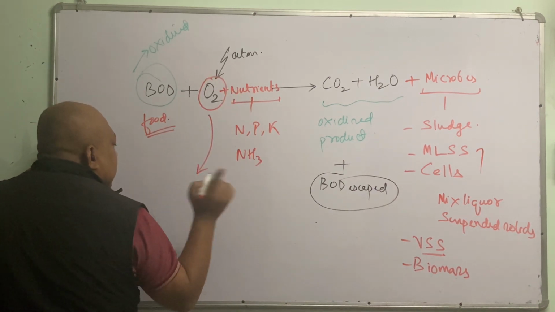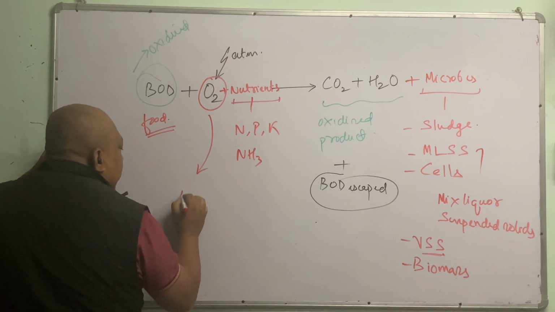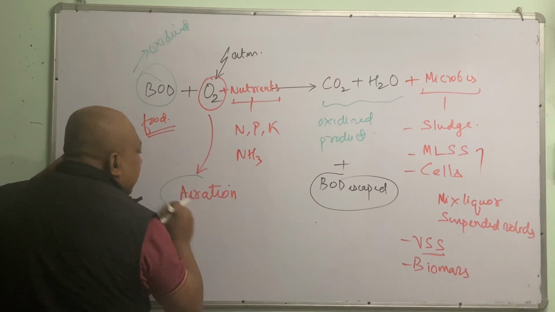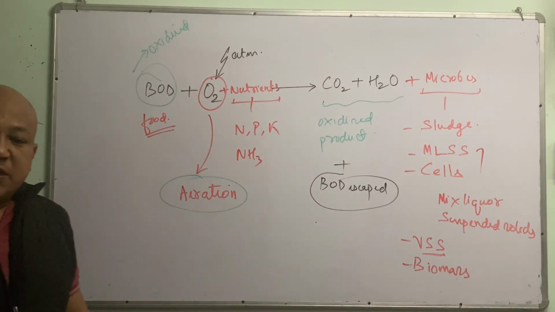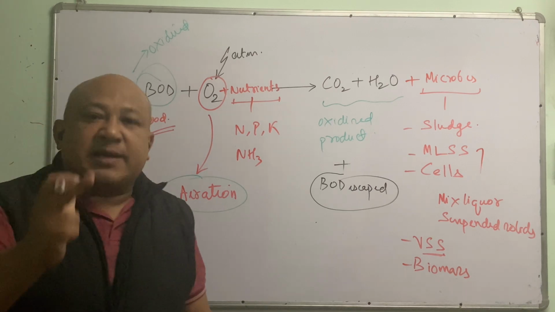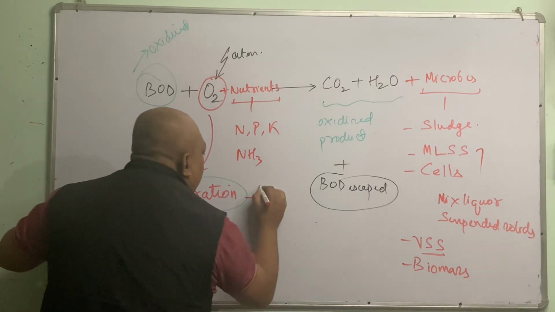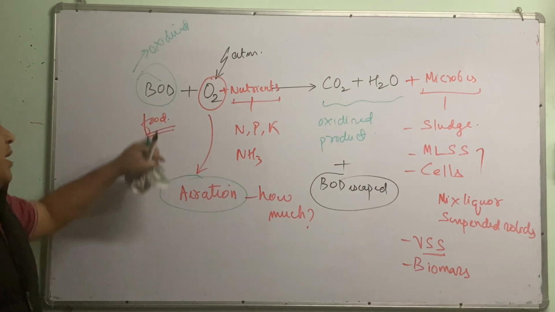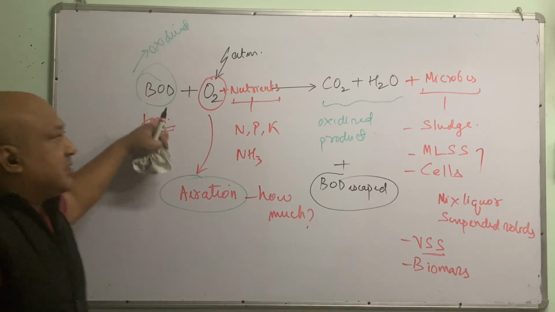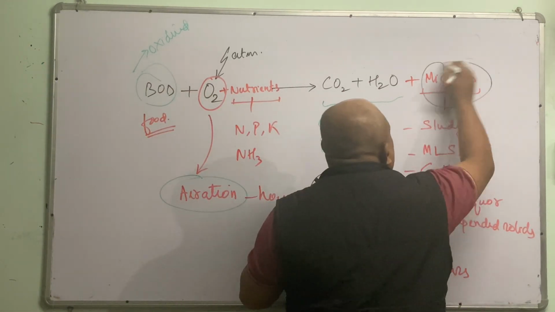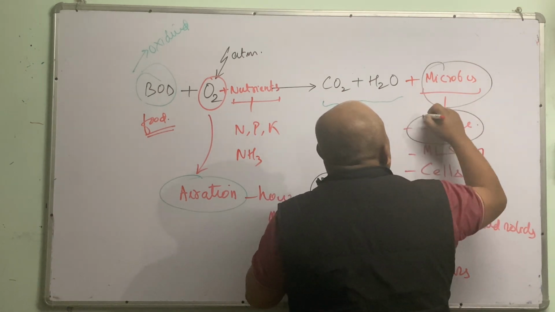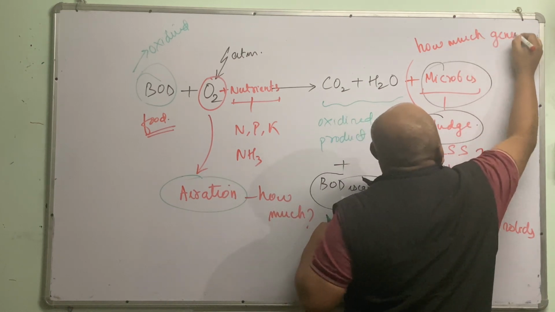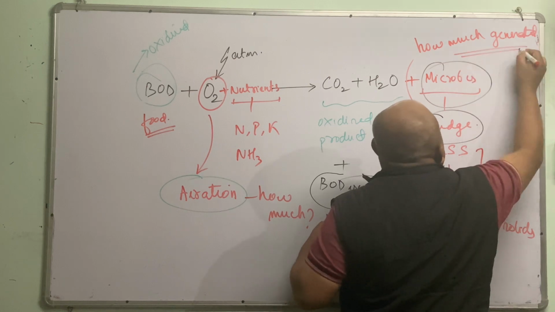This is because in our wastewater treatment plant, this is going to be provided by aeration. We are going to do aeration, and how much aeration is required, how much oxygen is required, that calculation is very important. So how much oxygen is required for this BOD, plus these microbes, this sludge, how much is generated. This is very, very important.